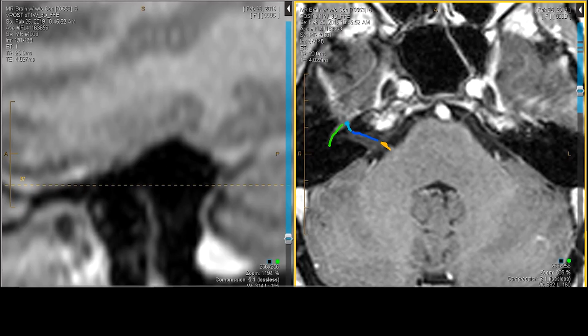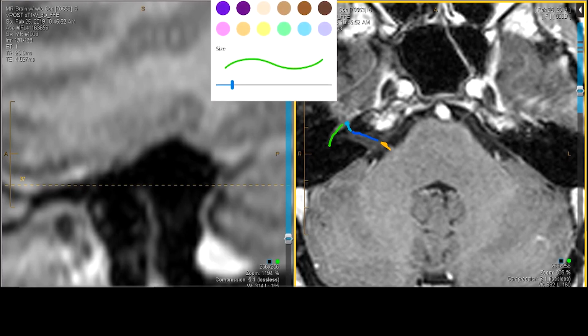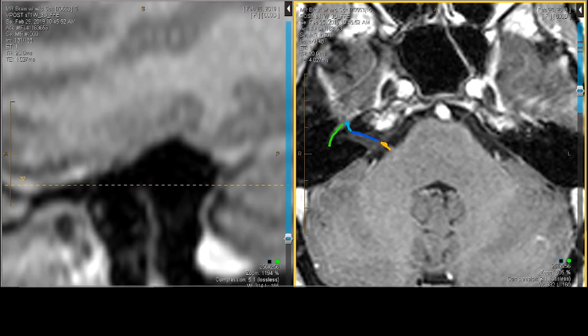I'm going to cross-reference it for you in a minute. But we have it in the sagittal projection. This sagittal view is going right through this spot right here and showing you the descent. We should use a different color to be consistent. Let's go with something purple. We're working our way down. Maybe it doesn't show up as well as I would like, but I think you get the point. And it exits the brain at the level of the stylomastoid foramen.